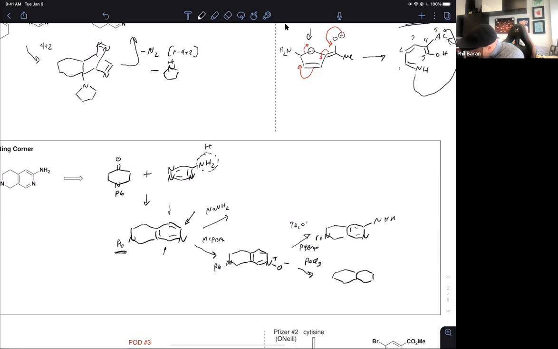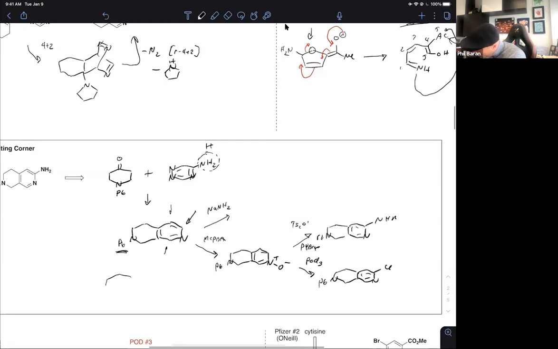And the first question you can anticipate the medicinal chemist is going to ask you is, hey, how do you know the regiochemistry is right? And so my strategy for addressing this is I go to SciFinder with this compound. I only go to SciFinder at the very end, just to make sure that I have the right idea.